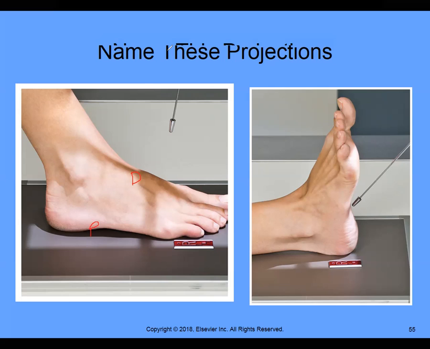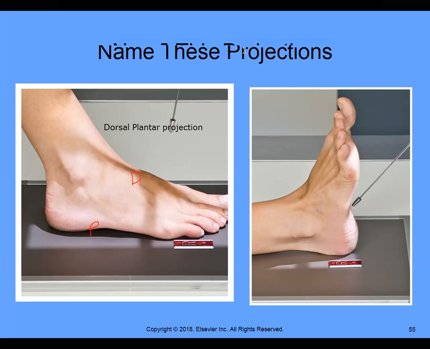So then this one, we said, would be a dorsal plantar projection of the foot. And again, we're describing how the X-ray is traveling from the dorsal part to the plantar surface.